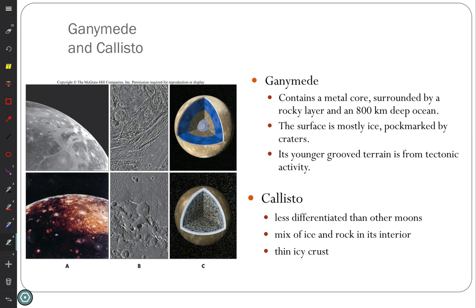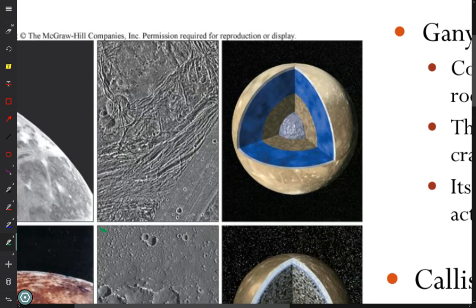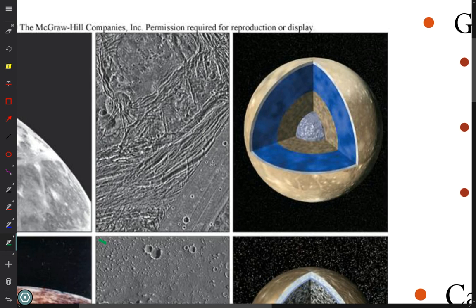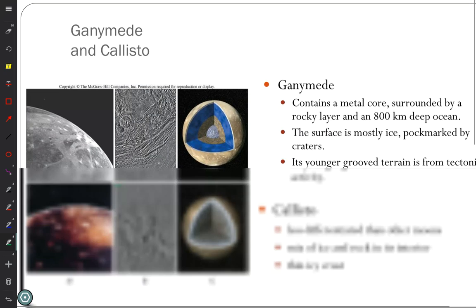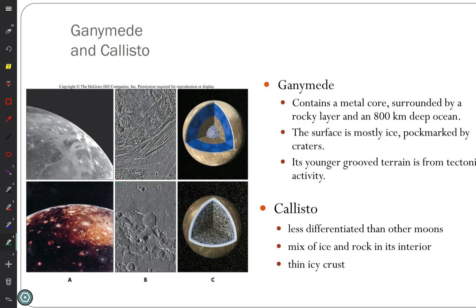If you look at Callisto, now if you look at Callisto, you see these things right here. Those look like what I just showed you on Europa, right? So there is evidence that that's Ganymede, excuse me, not Callisto. Callisto's the lower one. Ganymede used to have that kind of thing going on.